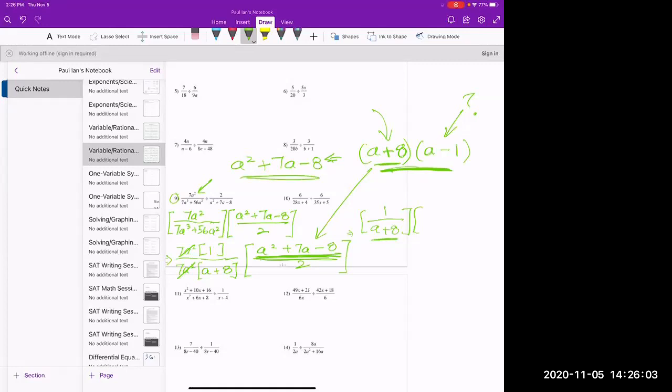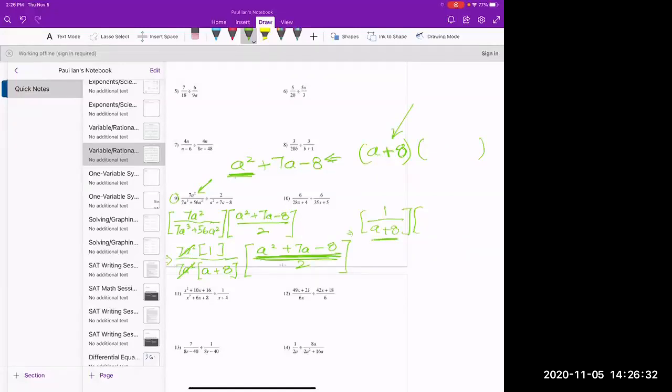Okay, so let's look at that separately. That's the main goal: what can I multiply a plus 8 by to get a squared plus 7a minus 8. So let's actually remove this guy. What you have to figure out is going to be kind of similar to this, and you're going to see there's an a squared term here.